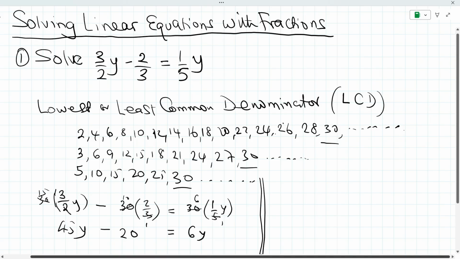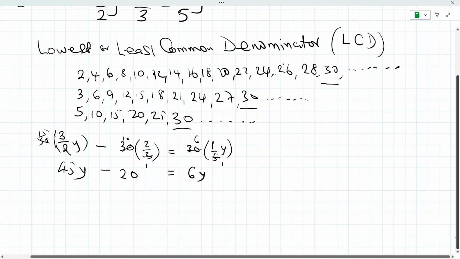Okay, let's follow here. We can actually scroll down a bit. So again, we are aiming at isolating y. And so we can start off by saying, okay, let's subtract 6y from both sides.